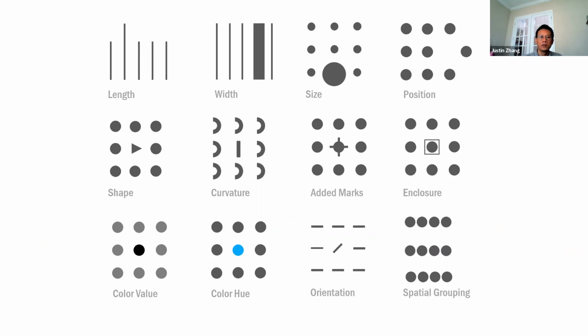In data visualization, those are the important elements that can be used to capture users' attention and help differentiate the major elements, such as length, width, size, position, shape, curves, marks, enclosure, colors. Colors can be intensity, can be the hue, different hues, orientation, and grouping.